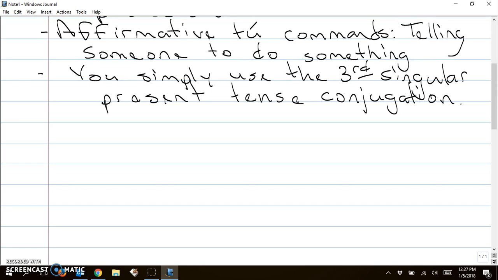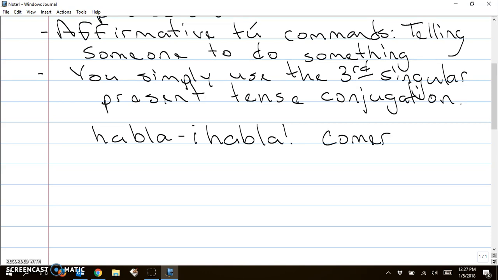So, for instance, if we want to do the affirmative tú of hablar, habla. Comer, come. Very simple. Third person conjugation of the verb.